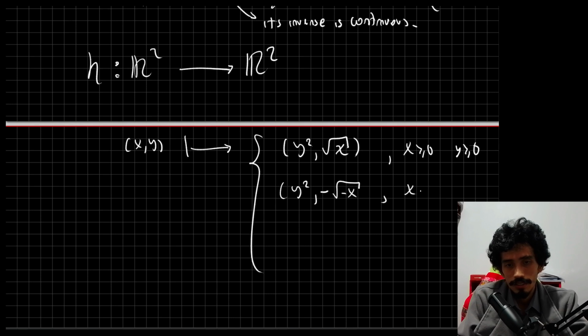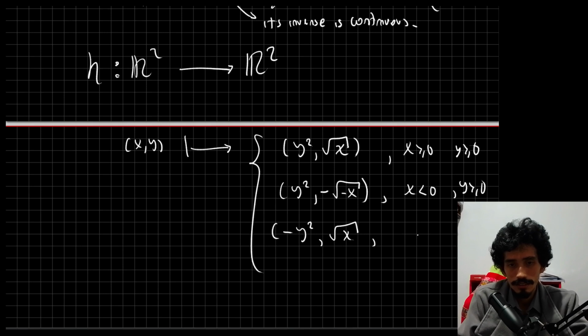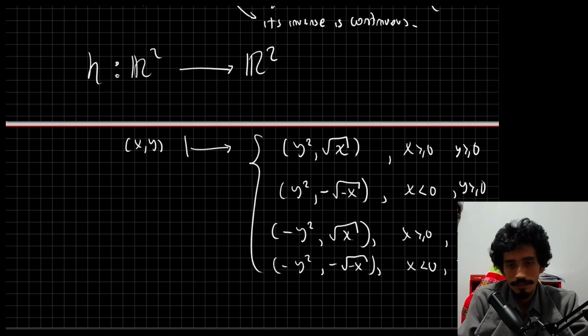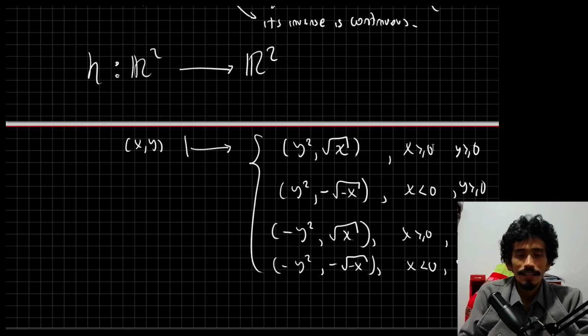And here x should be negative and y is still positive. For the third case, we take the negative of y squared, and we write here. So here x is positive. And the last case will be a combination of this, so minus y squared and minus x. So this whenever x is negative and y is also negative.